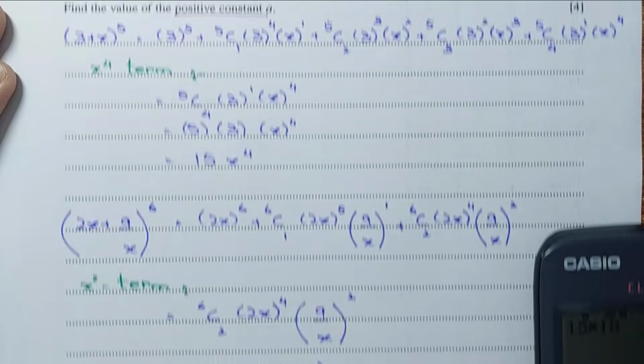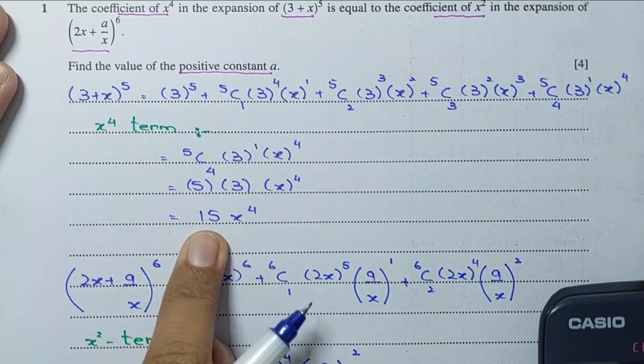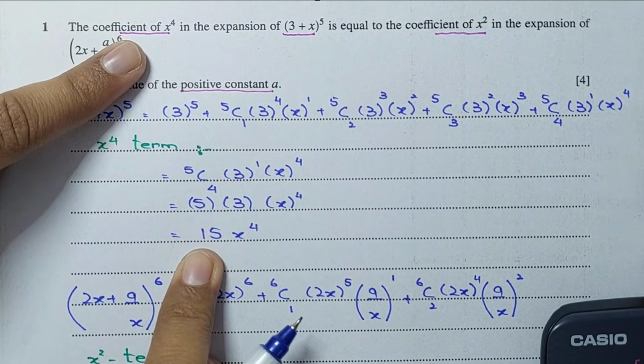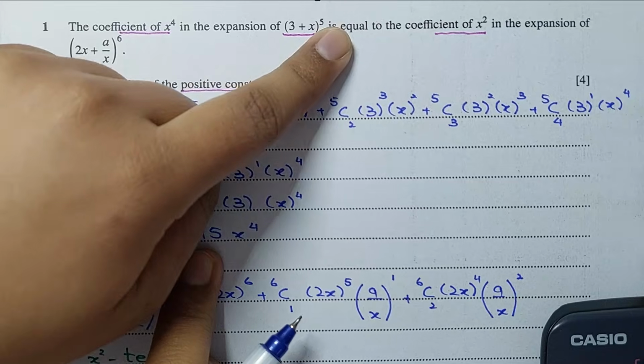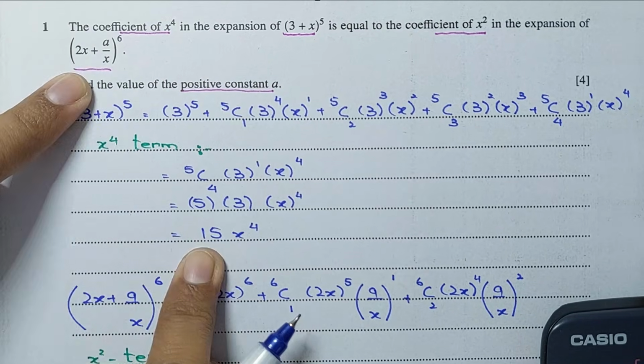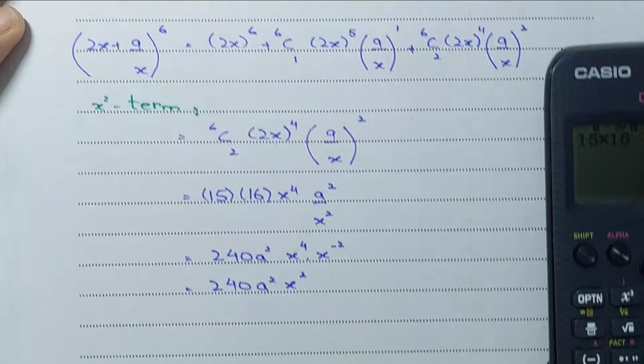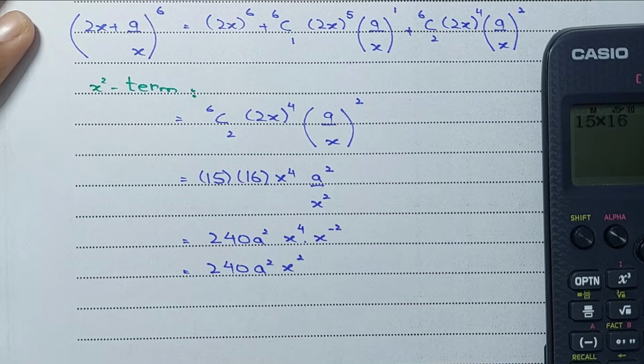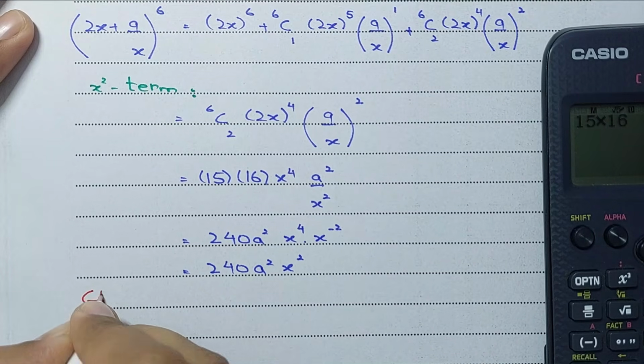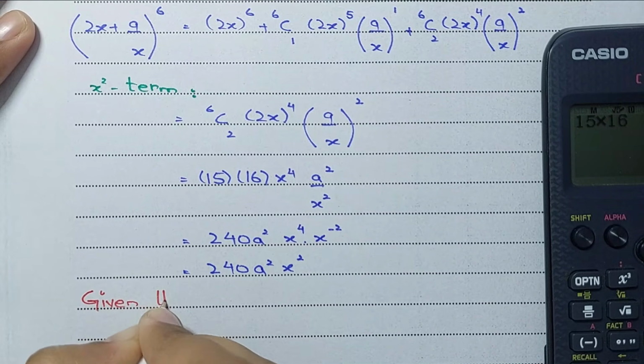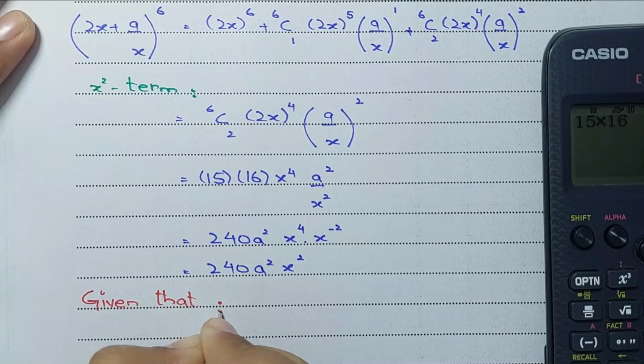Now we can say the coefficient of x⁴ in this expansion is equal to the coefficient of x² in this expansion. So these two coefficients are equal and we have to find the value of a, but it should be positive. What information do we have?